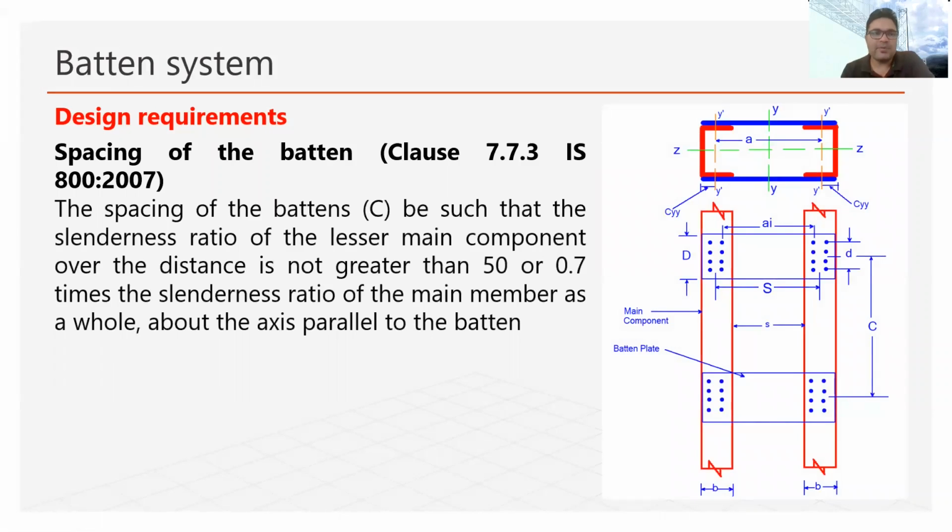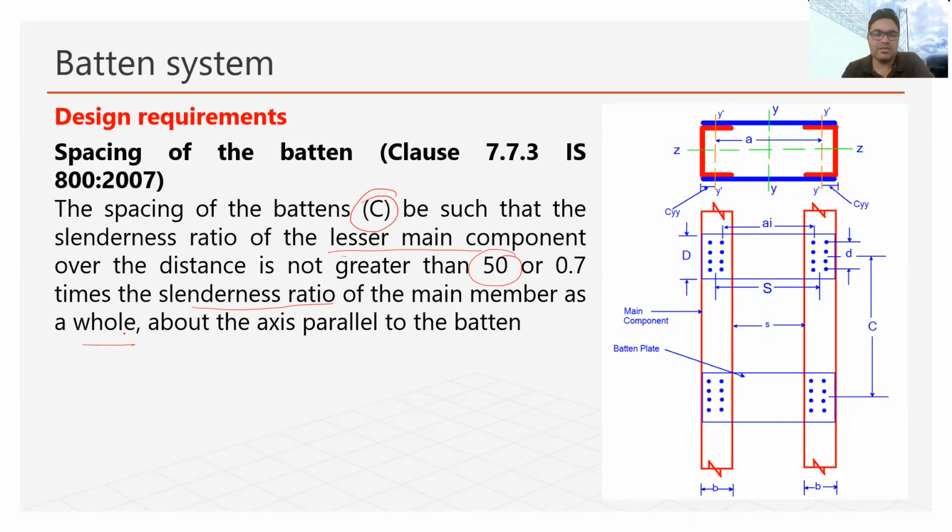So as per IS code, it says that the spacing of batten, which is C, should be such that the slenderness ratio of the lesser main component over the distance is not greater than 50 or 0.7 times the slenderness ratio of the main component as a whole.